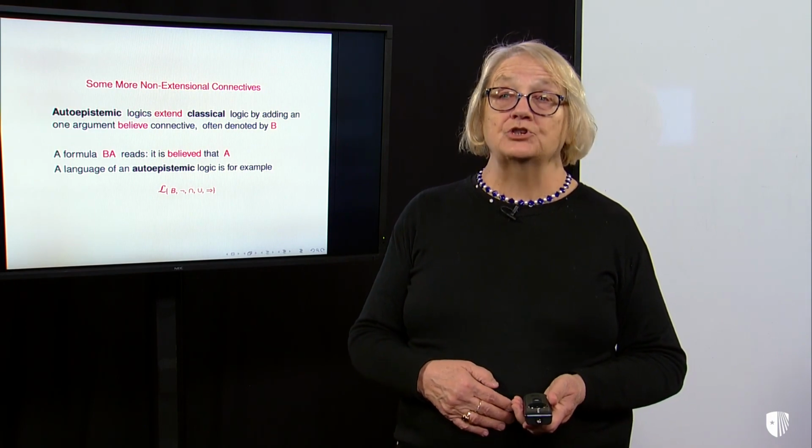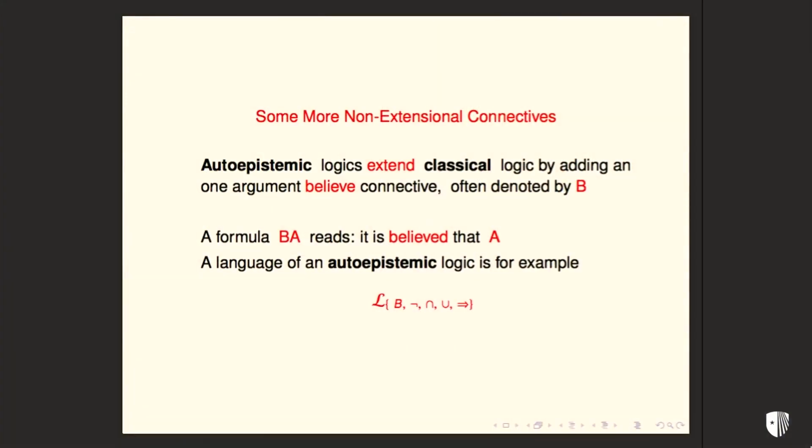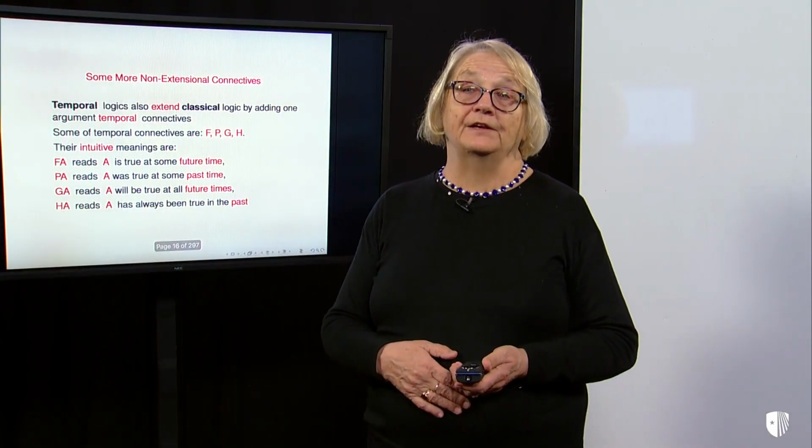Autoepistemic logic also extends classical logic by adding a new belief connective, B, for example, though you can use any other symbol. Formula BA reads it is believed that A, and you have a language with this connective.